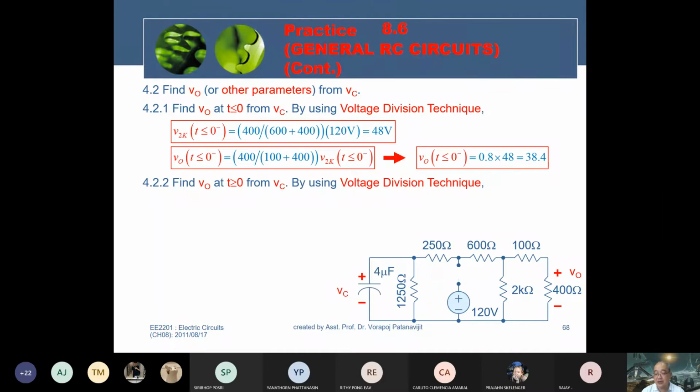And after that, for time greater than 0, you must derive everything in terms of VC. It's considerably difficult here because VC is already at the far left-hand side. You know VC, or you know the voltage across here.